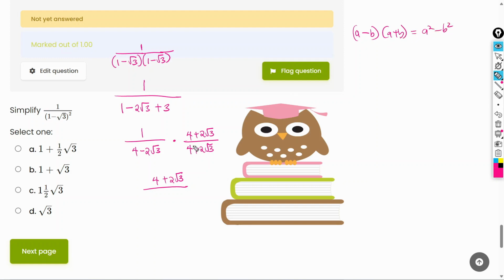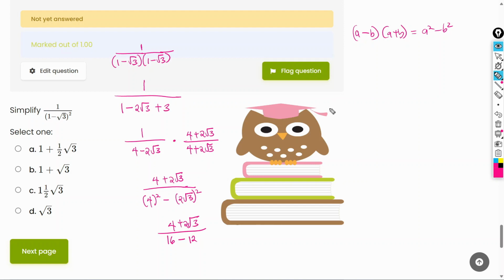So in the denominator, we have 4, that's a, 4 squared minus 2 root 3 squared, that's a squared minus b squared. So this becomes 4 plus 2 root 3 over 16 minus, and 2 root 3 squared would be 12, 16 minus 12.